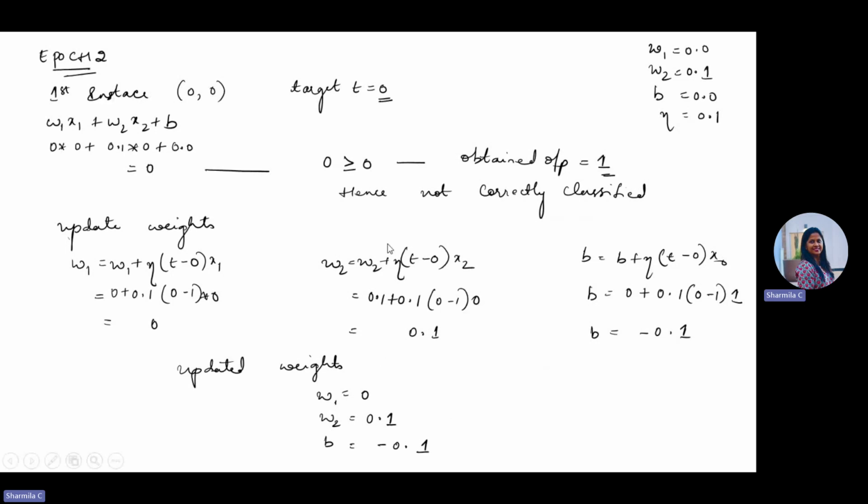Now we'll take these new updated values and take the second instance from epoch 2. So the second instance is when it is 0 and 1, and the target T is the OR operation value, which is 1.